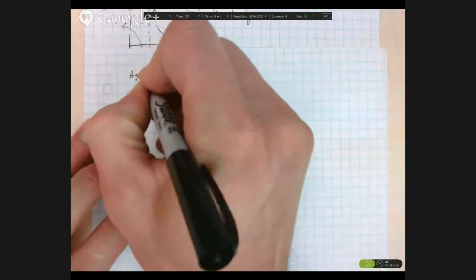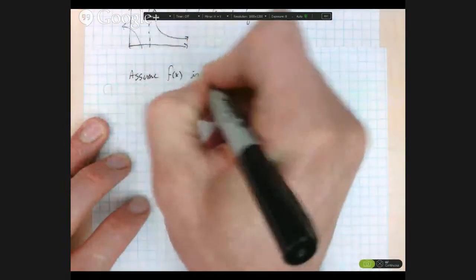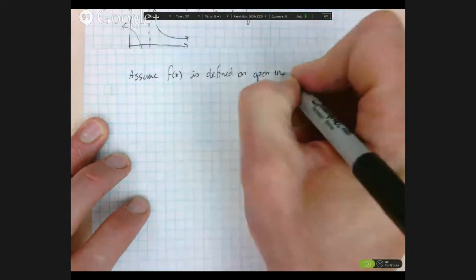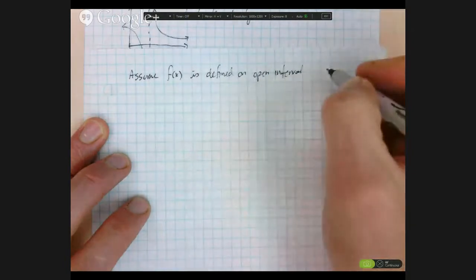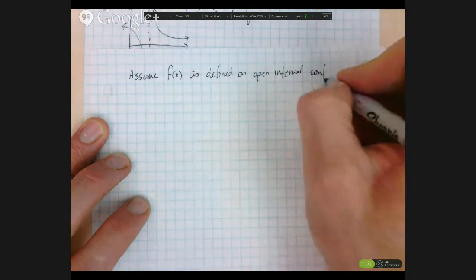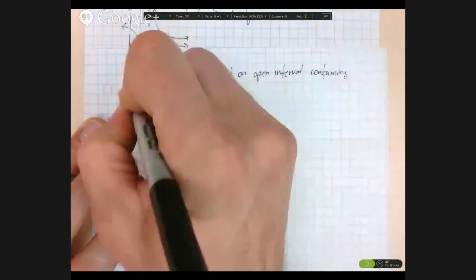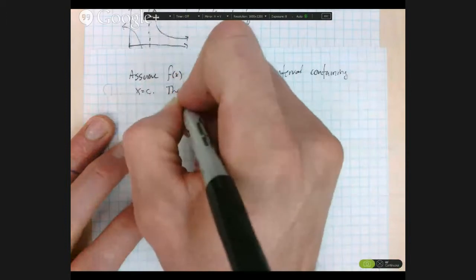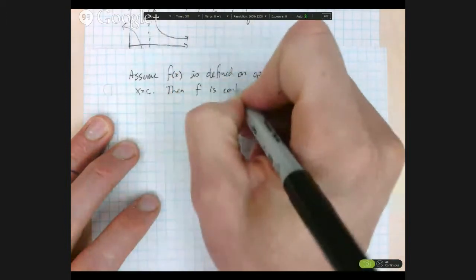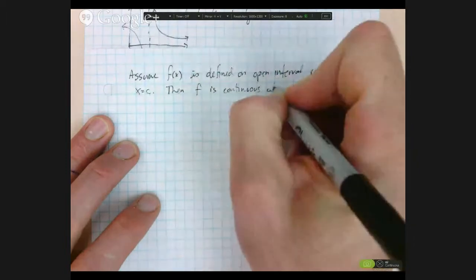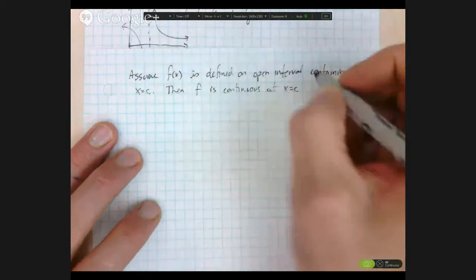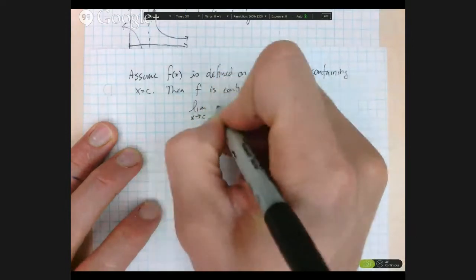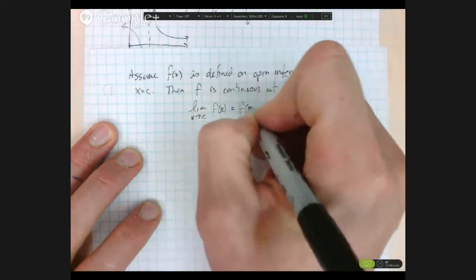Okay, we must assume f of x is defined on an open interval containing x equals c. F is continuous at x equals c if the limit as x approaches c of f of x equals f of c.